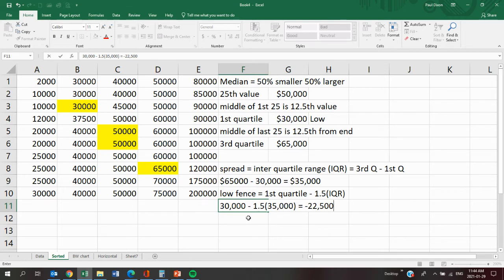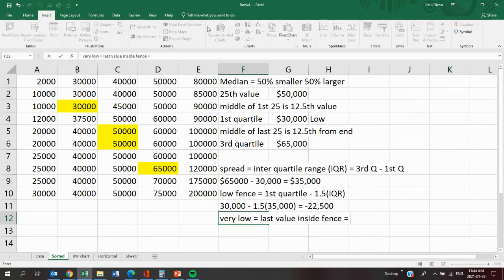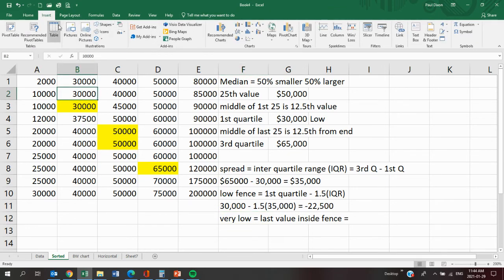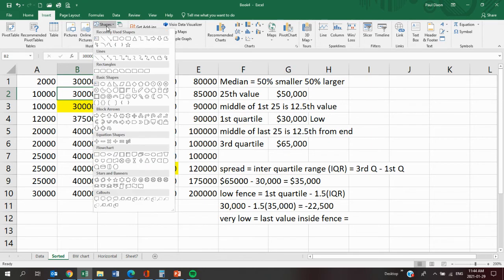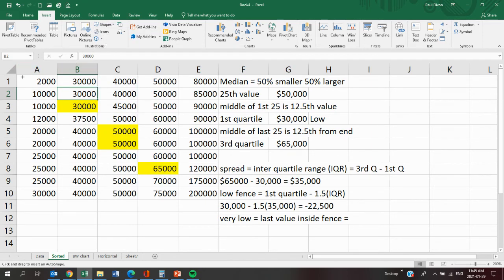But I am going to define very low as being equal to the last value inside the fence. So in this case, fence, I just want to put it in as a line here, it's going to be sitting way up here.